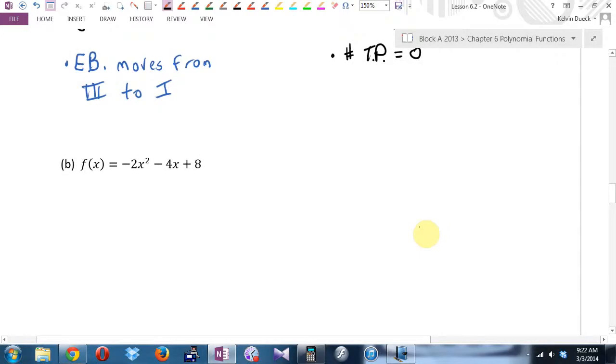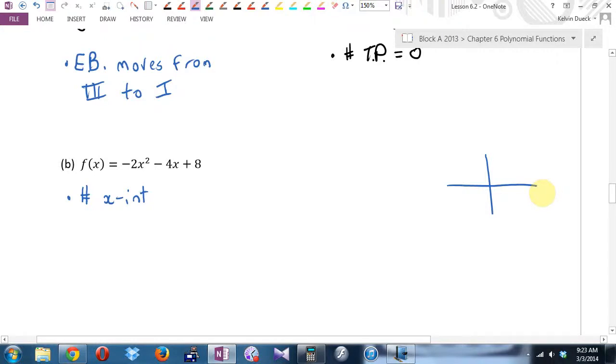B. You know what? Let's do a little sketch of this over here. First of all, what kind of a graph is this? It's a quadratic.